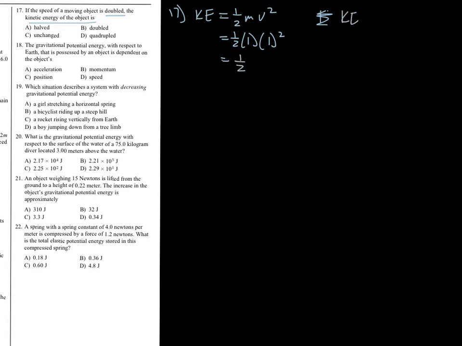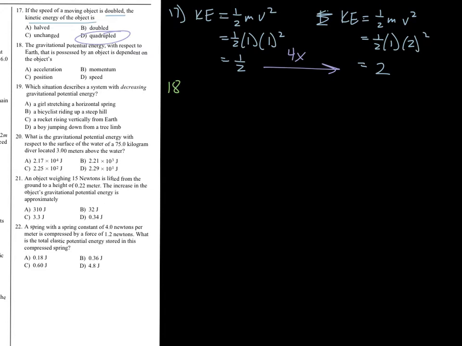Now what happens when we double that speed? Keep the mass the same. This time you'll get 2. What kind of change happened? It was 4 times as much. Quadrupled. 2 squared, you should get 4. If you triple that speed, it should be 9 times greater. Quadruple the speed, 16 times greater. So it's a squared effect.